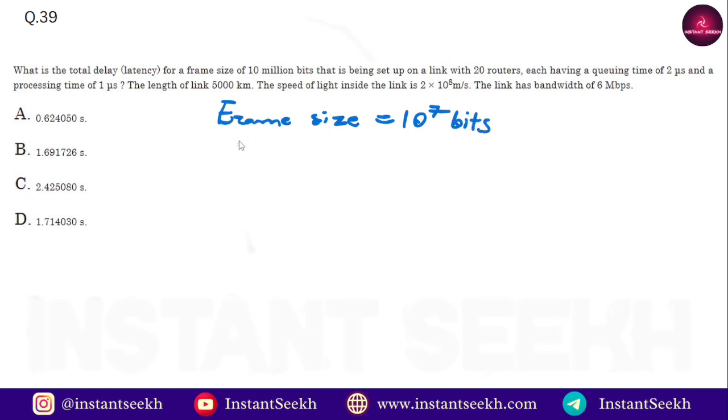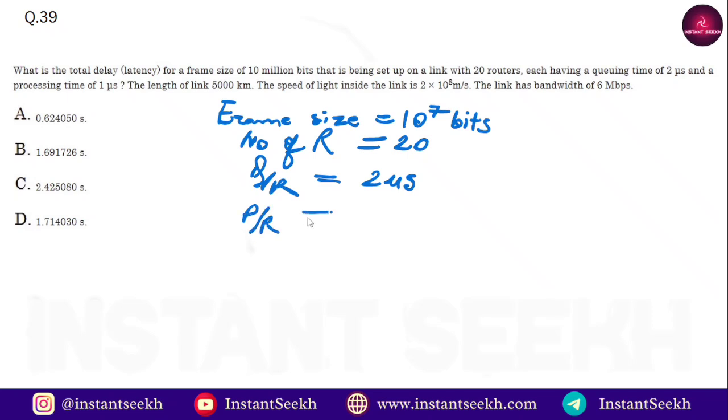Then the number of routers given is 20. Queuing time per router is given as 2 microseconds. Then processing time per router is given as 1 microsecond.